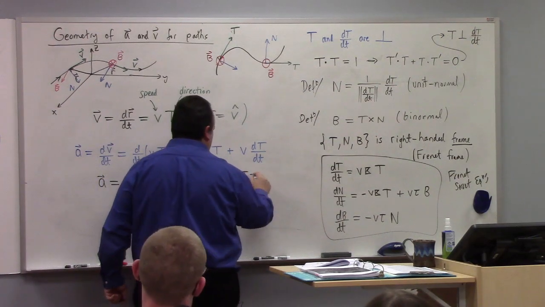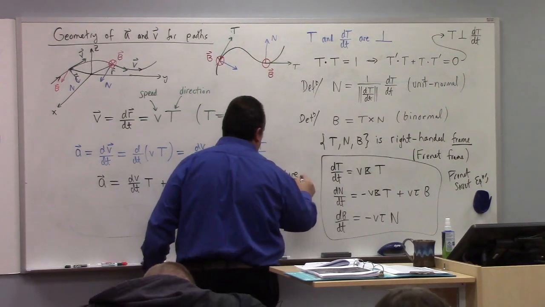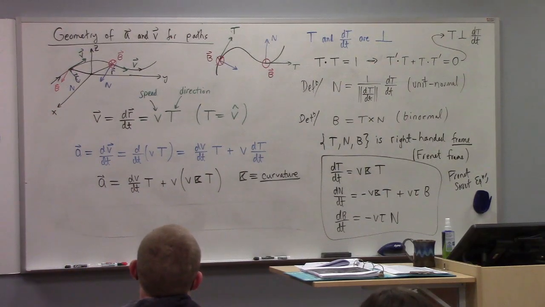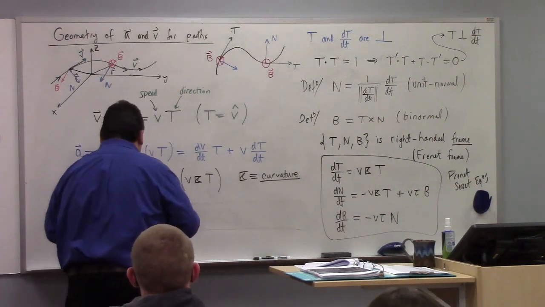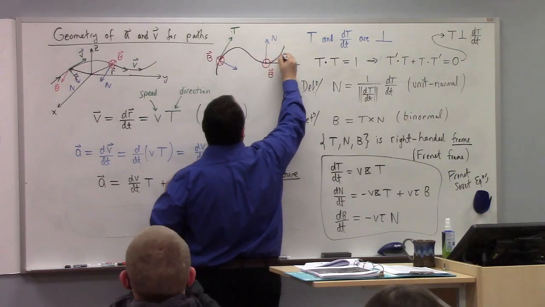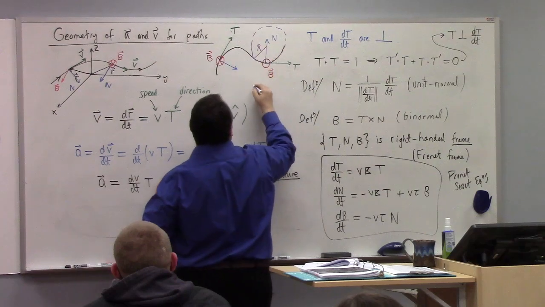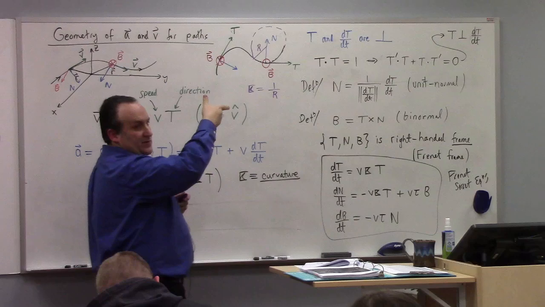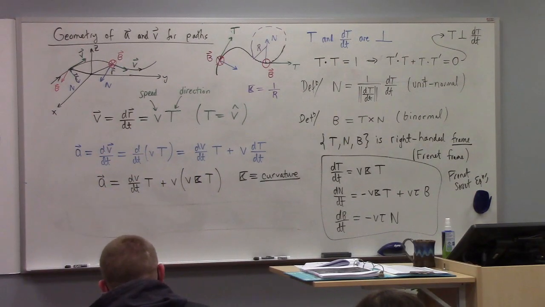Kappa here is by definition the curvature of the curve. The curvature is related to the radius. If you imagine the osculating circle, which is a circle that just fits the curve like this, the curvature kappa is basically 1 over that r, the reciprocal of the radius of that osculating circle.